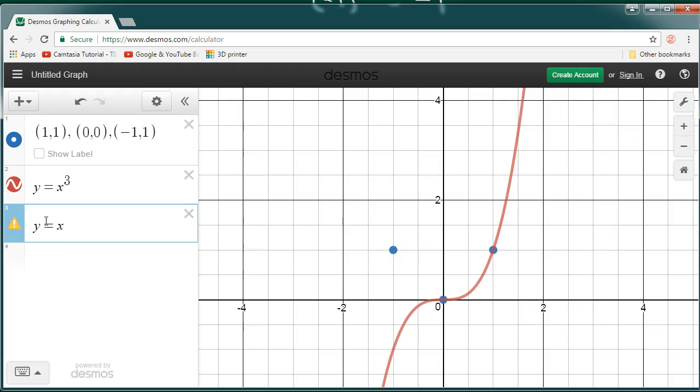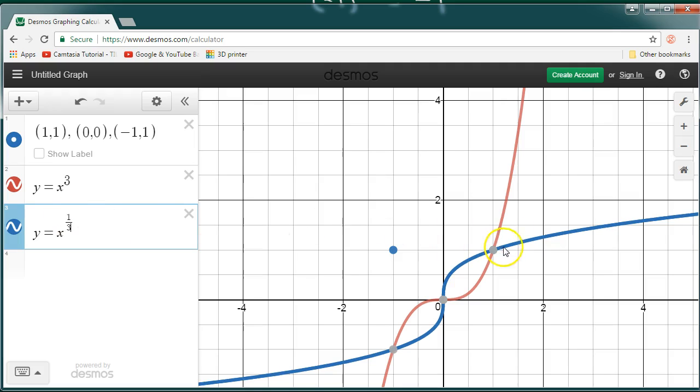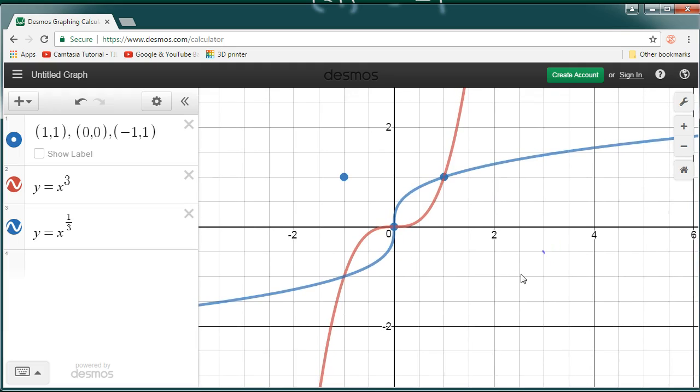I don't know how to say cube root in this program, so I'm going to use the exponential form. Cube root of x. Isn't that a nice picture? So again, we have symmetry, a reflective symmetry over the line y equals x, the identity function. And when we talk about inverse functions in section 1.8, we will understand why that is.